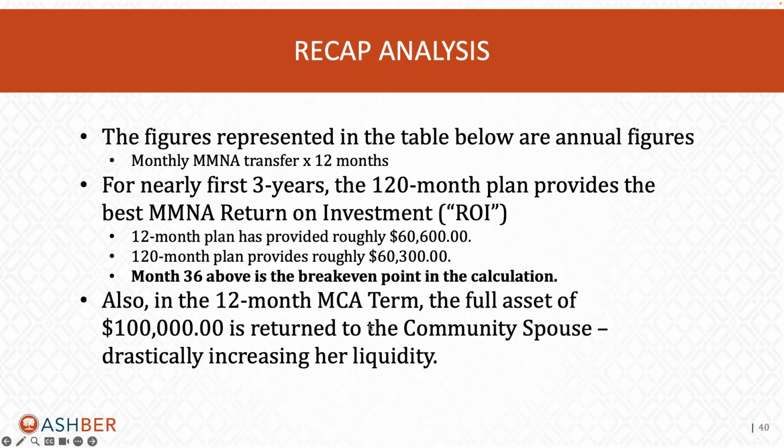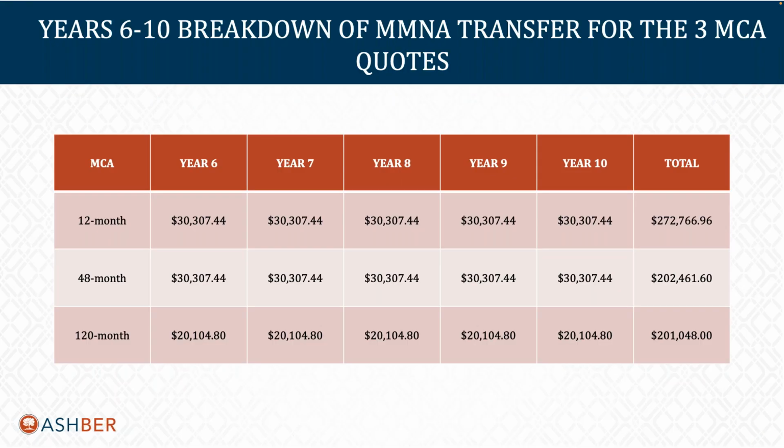And then on top of that, with the 12-month MCA, the full asset of the $100,000 is returned to the community spouse. And that's drastically increasing her liquidity there. So another additional benefit to consider when doing these types of cases.